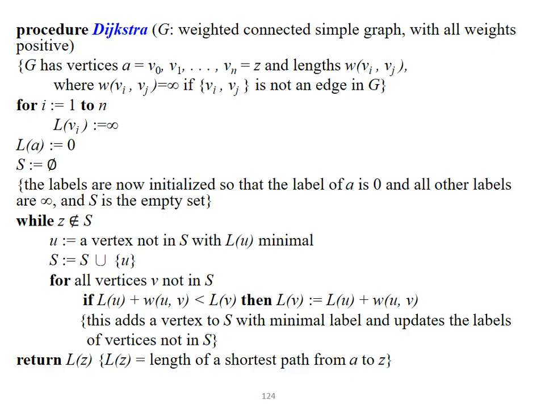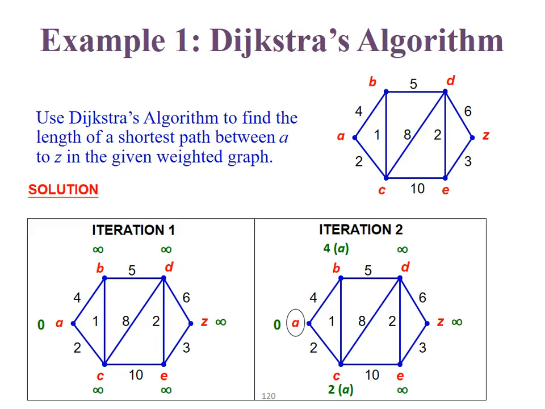Next let's see what we will do in this while loop. Firstly, we need to examine if a vertex is not in S and has the minimal length L(U), then we call this vertex U. Once we discover the vertex with the minimal length, we include this vertex in the set S. Remember in our previous example, initially all the weights of the vertices are infinite.